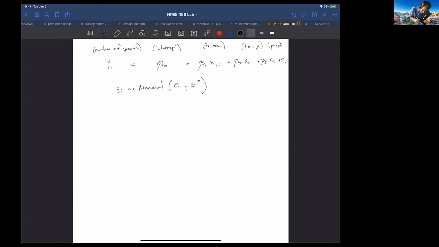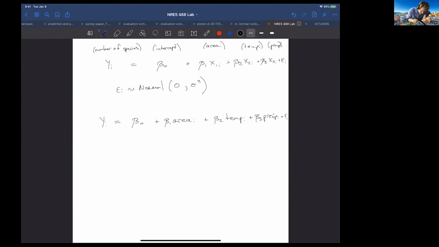So if we did that, it would look like this: yi equals beta 0 plus beta 1 times area plus beta 2 times temp plus beta 3 times precip plus epsilon i. So we'll use both of these.